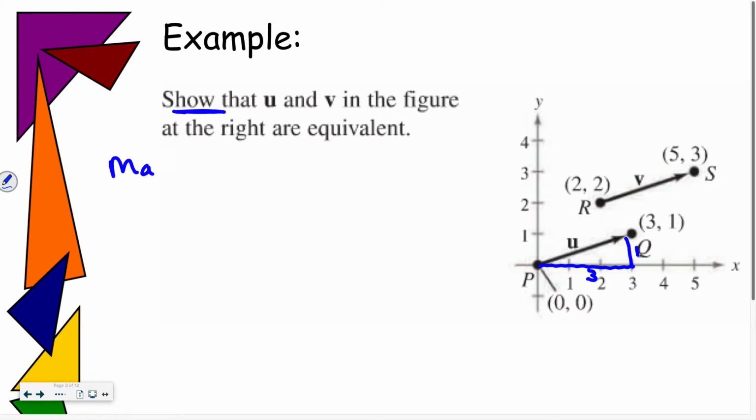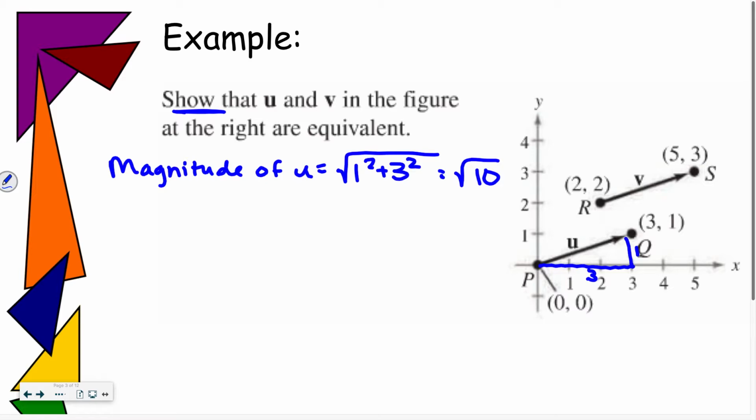So for the magnitude of u, that would be the square root of 1 squared plus 3 squared, because 1 squared plus 3 squared equals c squared, square root both sides. So that's the square root of 10. And then I could do the same thing for this other one, v.